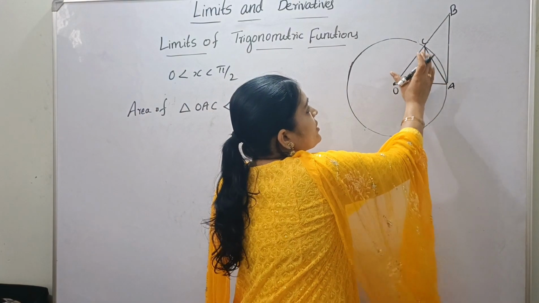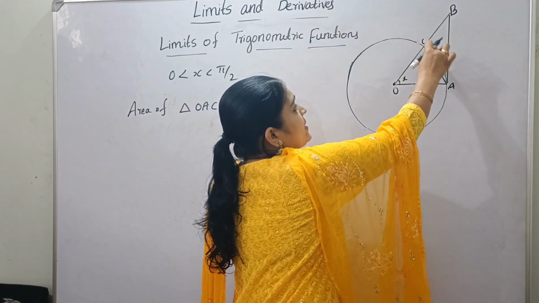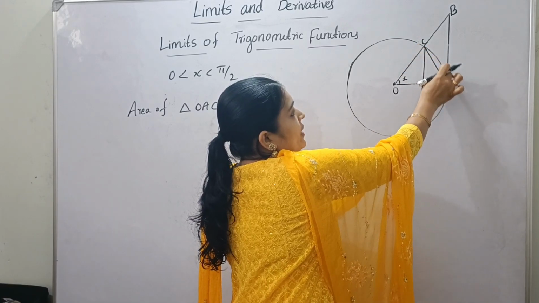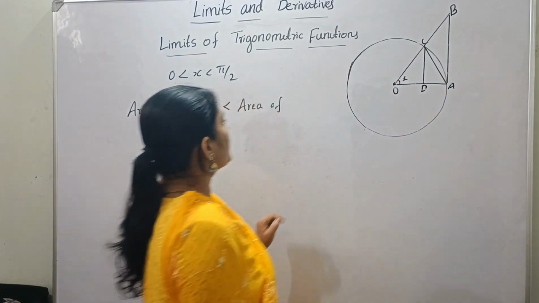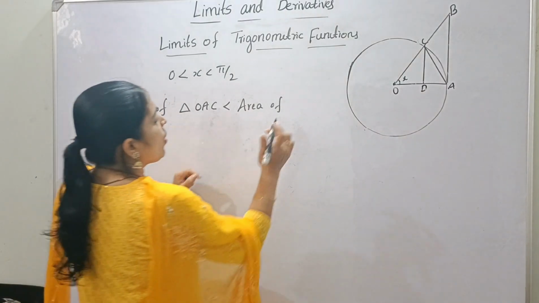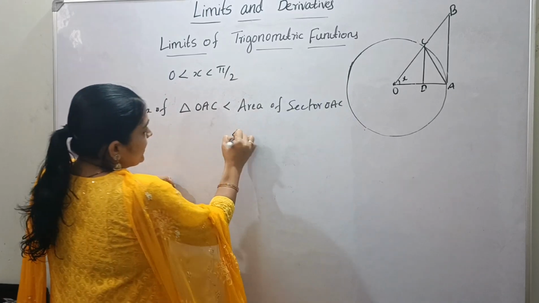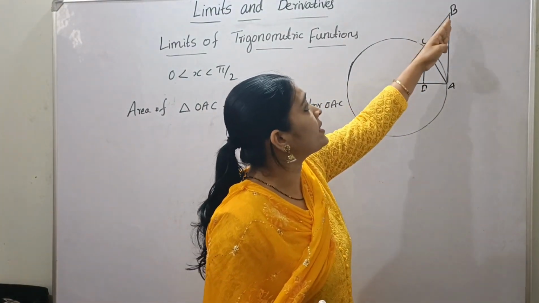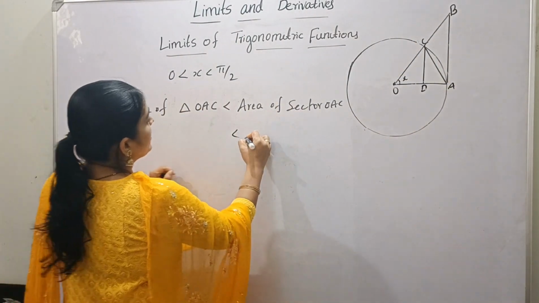Area of triangle OAC means only this much, and that is always less than the area of sector OAC. Sector OAC means the area comes up to here. And obviously the sector is less than the area of triangle OAB.